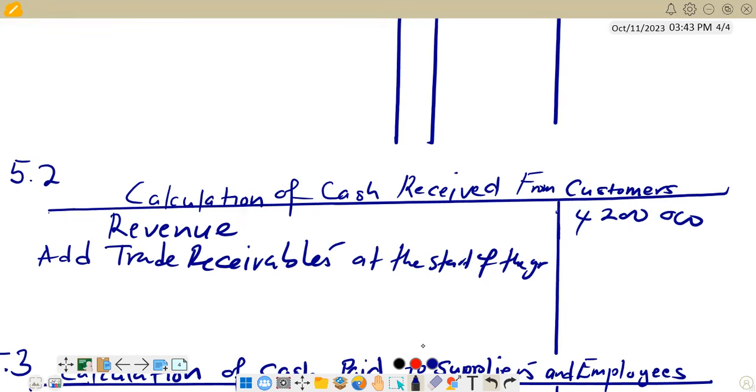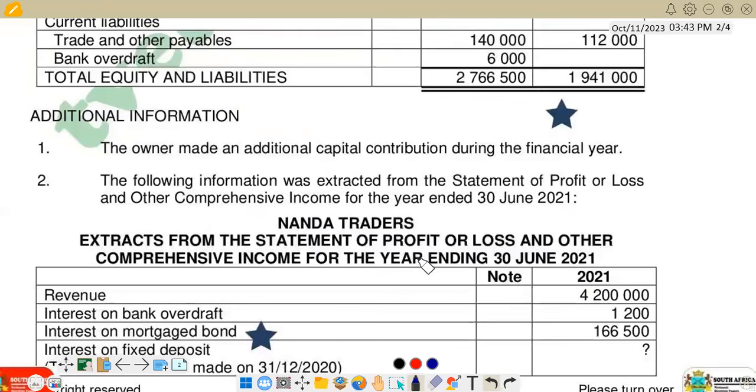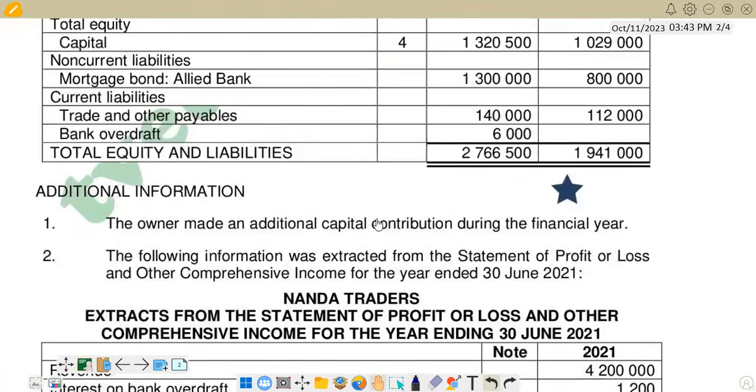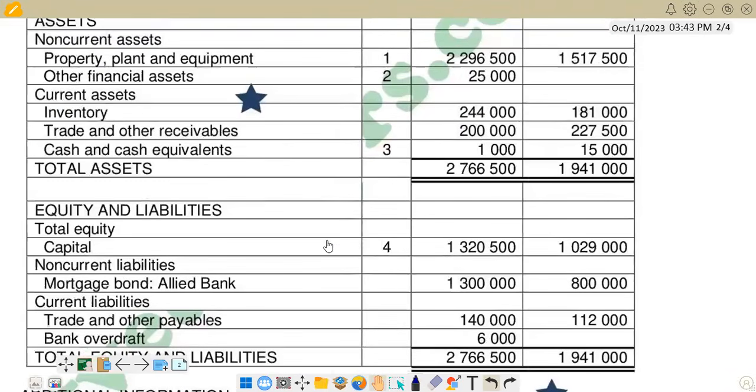Then we go back to check what amount we have for trade receivables at the beginning of the year. If you come here, that's where we find this figure in the list of balances we are given. We see trade and other receivables.